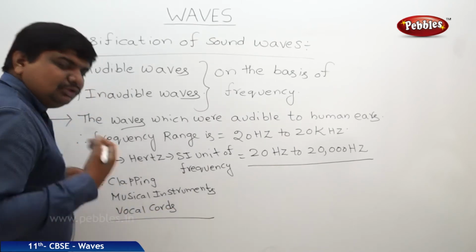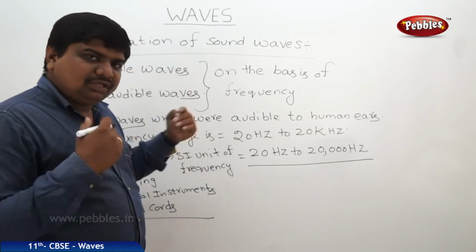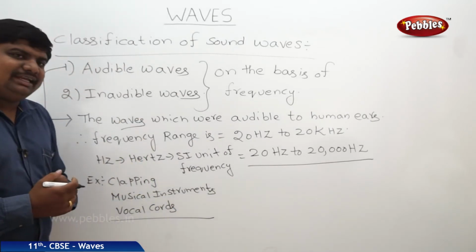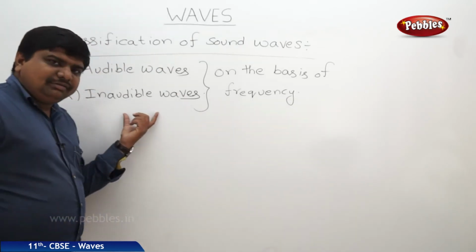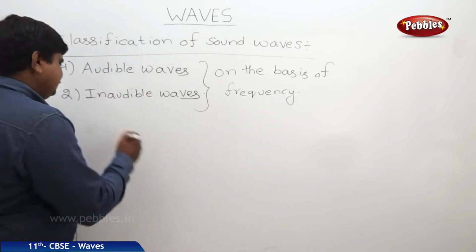All those are audible to us, which gives a pleasant atmosphere and pleasant feel when we hear it. Those are called audible waves. So what about the inaudible waves? The inaudible waves are those which are not audible to the human ears.